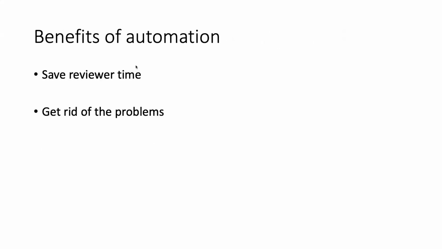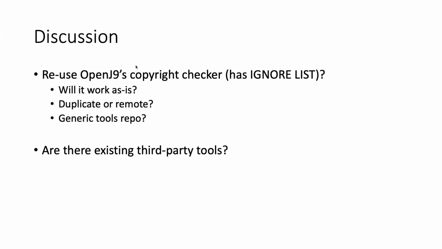So the main benefit will be, we'll be able to save a lot of reviewer and contributor time and get rid of all the problems which were discussed in the previous slide. So the main discussion I would like to have is how do we want to implement the automated copyright checker?